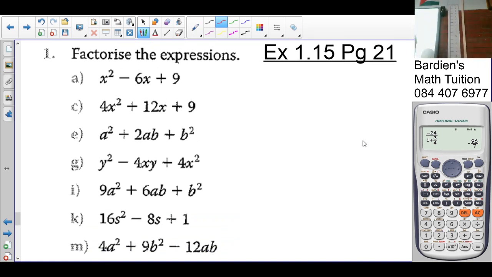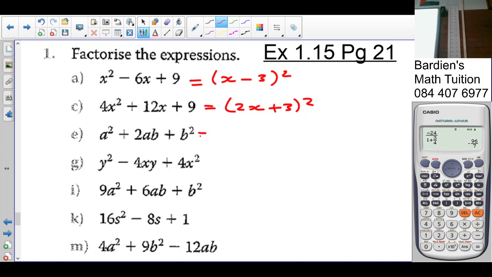So let's look at the first one. The first one is going to be x minus 3 squared. You all agree with that? The next one is going to be 2x plus 3 squared. 3 times 2x times 2 is going to give you 12x.